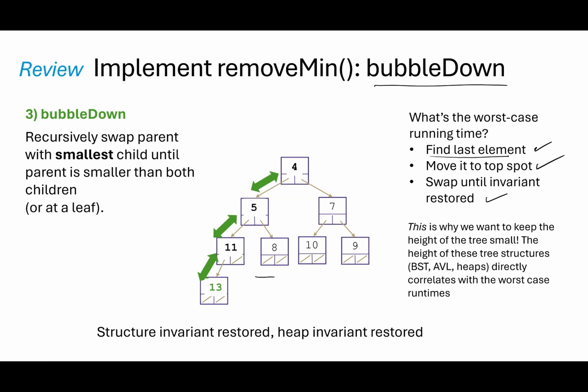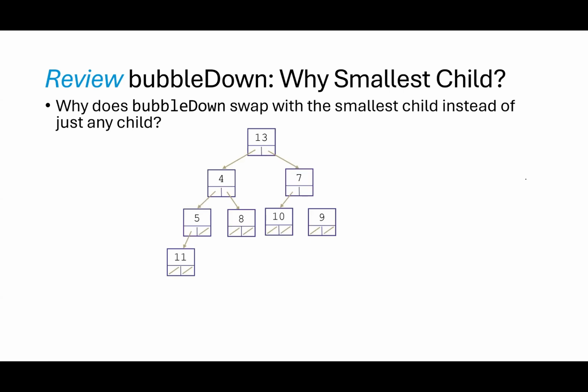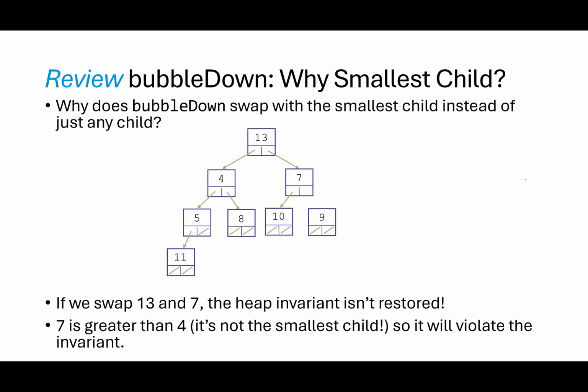Next, the question is, when I was bubbling down, why did I choose the smallest child? So look at this one. When I swapped, if I had swapped 13 with 7, what would the issue have been there?